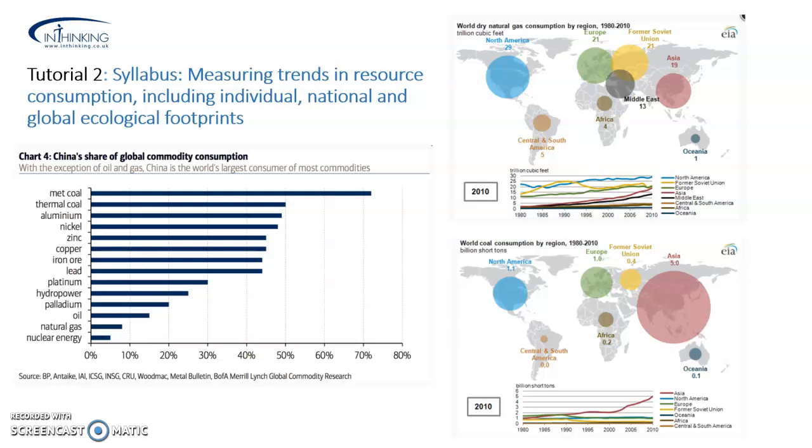China is a huge consumer of most metals and resources, and that of course is going into its manufacturing for a massive population as well as the global demand for commodities. A large amount of that consumption is actually our own demand for these resources through our consumption.